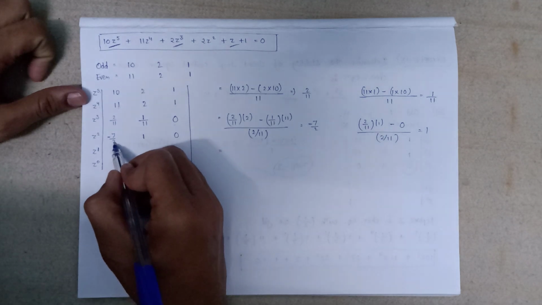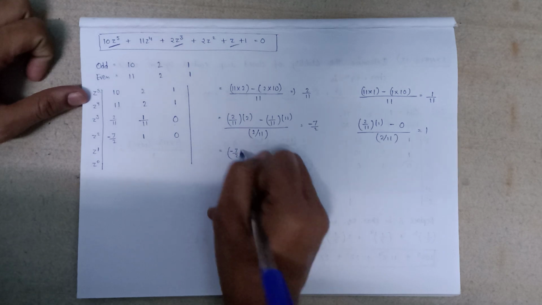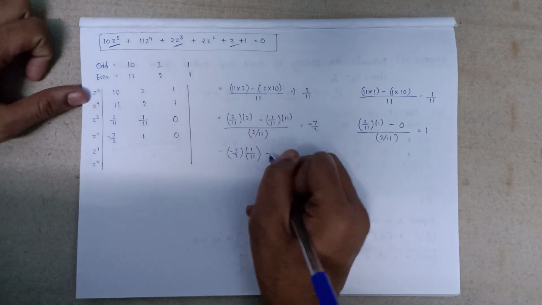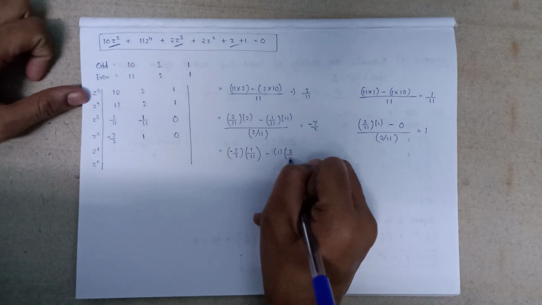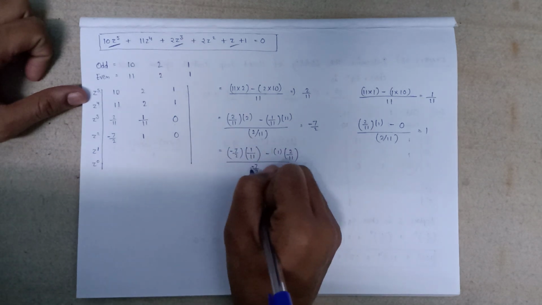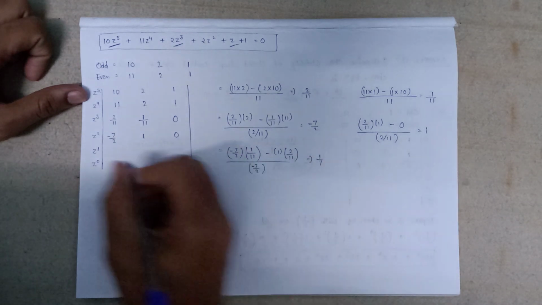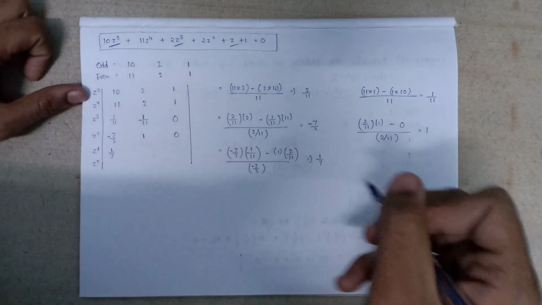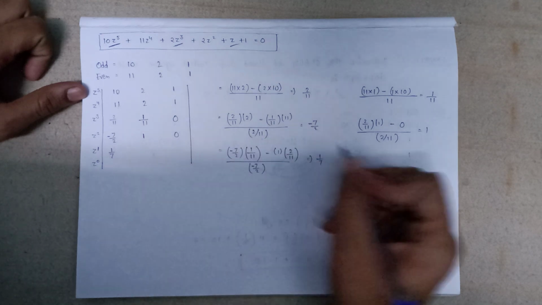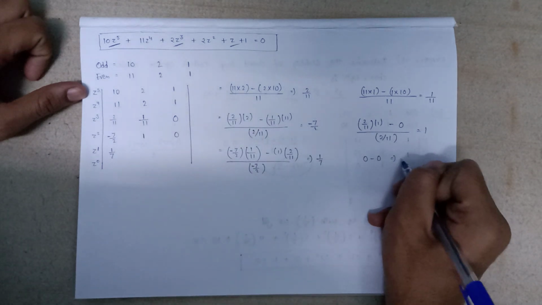After this, minus 7 by 2 multiplied with 1 by 11 minus 1 multiplied with 2 by 11, whole thing will be divided by minus 7 by 2, so we will get 1 by 7 as output. After this, minus 7 by 2 multiplied with 0 minus 0 multiplied with 2 by 11, so we will get 0 as output.